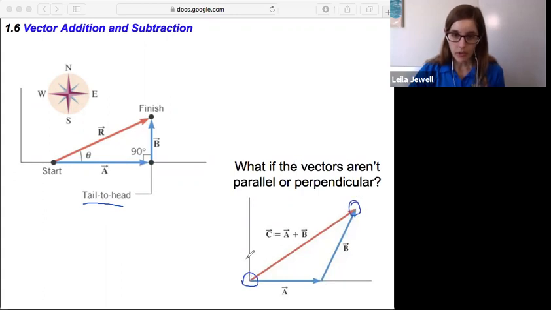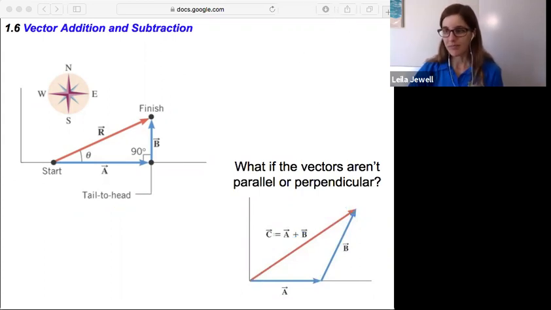That gives us the resultant vector. So that's what we'll do. We will get to see how we can do this other than graphically. We can break it down into components to be able to add it, but that's coming in a later section. So stay tuned on that. Just know that that is coming.